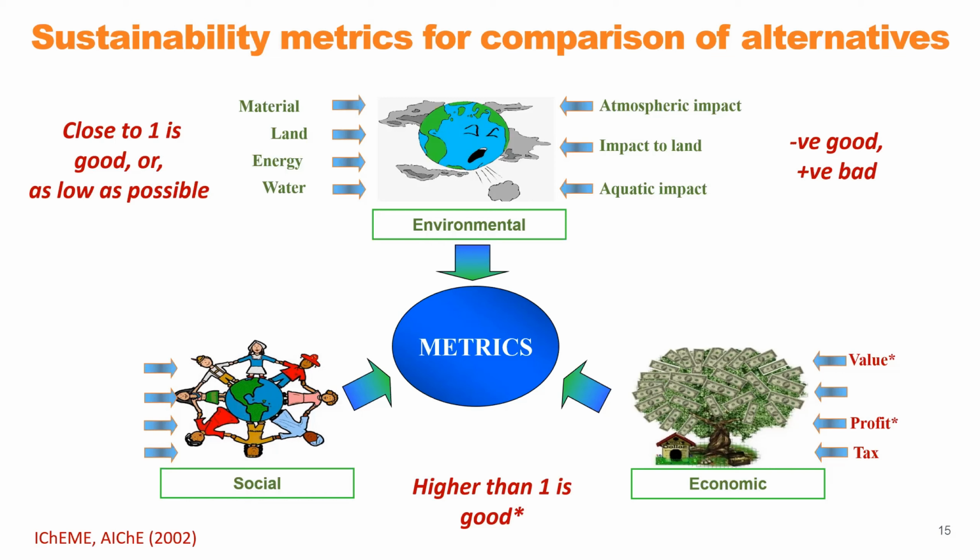And the same goes for the social. For example, because of the plant that we have built in a certain location, how did it improve the society? Do people get a better standard of living because of that? Because there is a new plant, more people have jobs. Because of that, there is a school.